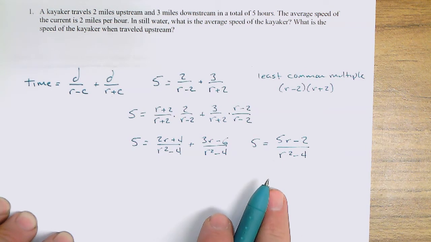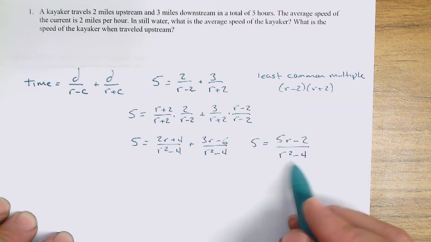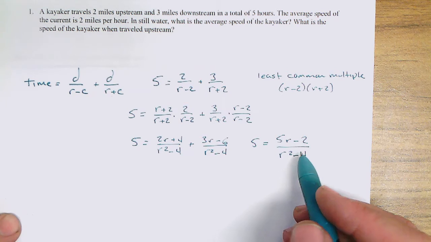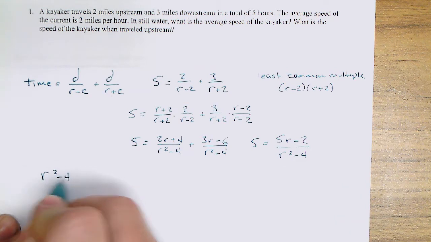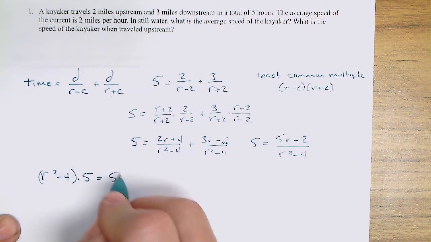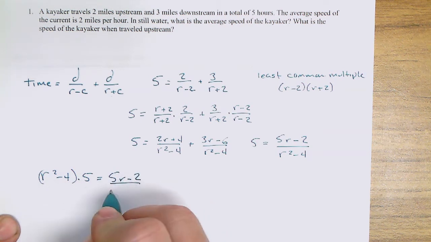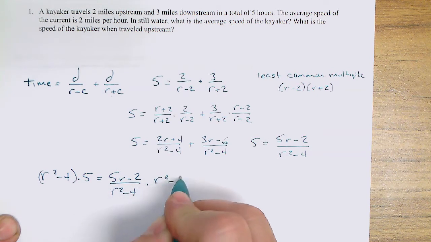From here, we need to get rid of this denominator, and the way we do that is we're going to multiply both sides by that denominator. So I'm going to go r squared minus 4 times my 5 is equal to 5r minus 2 over r squared minus 4 times r squared minus 4.